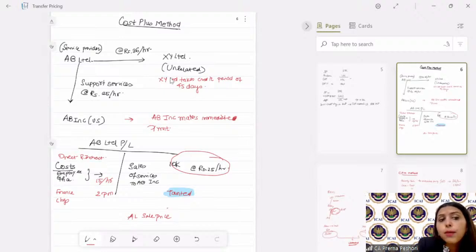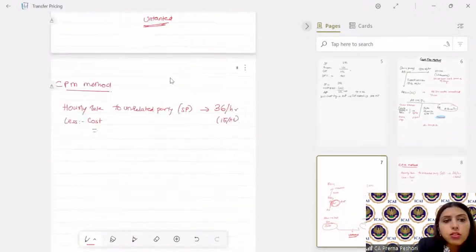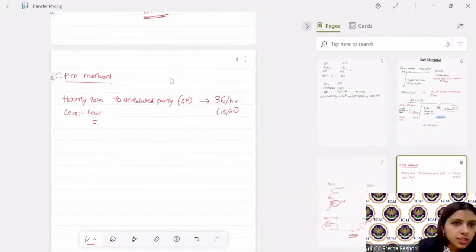So my finance charges will be added over here: 1.5 months into 2 per month, which comes to 3.